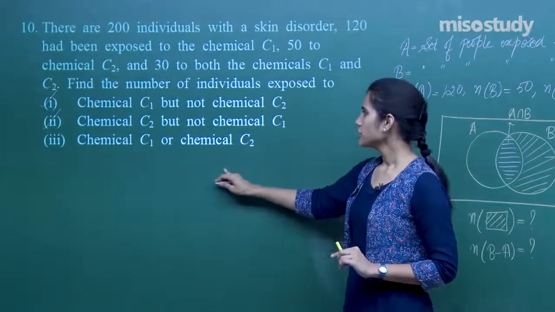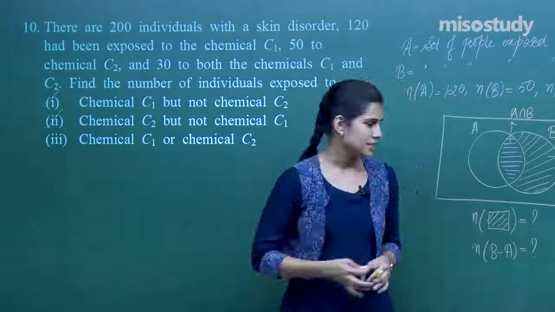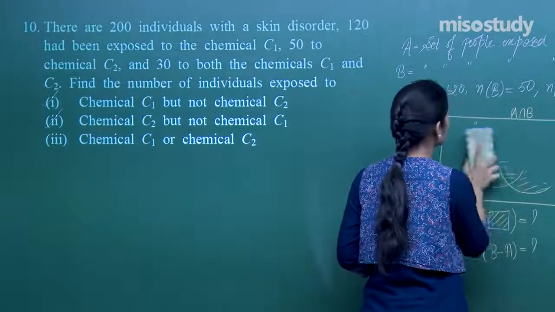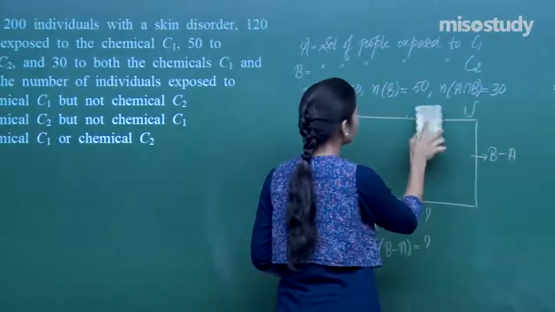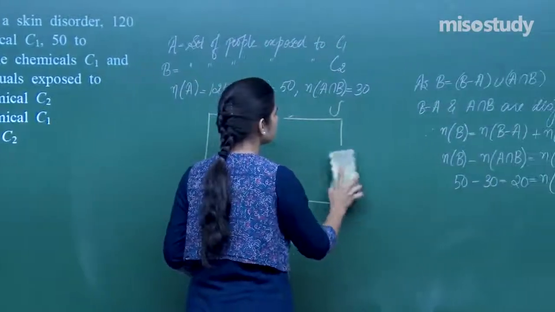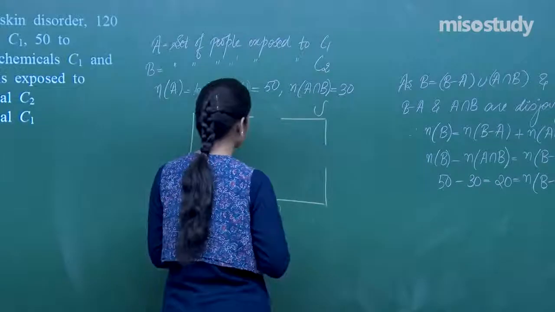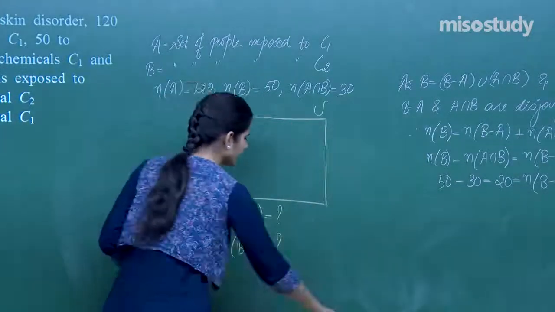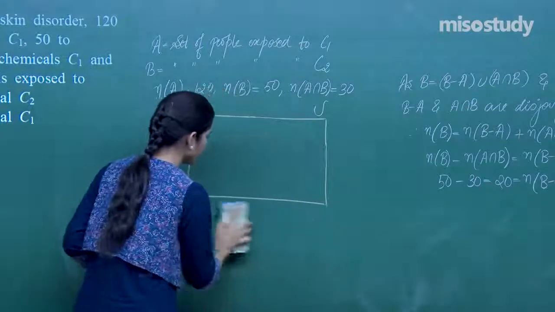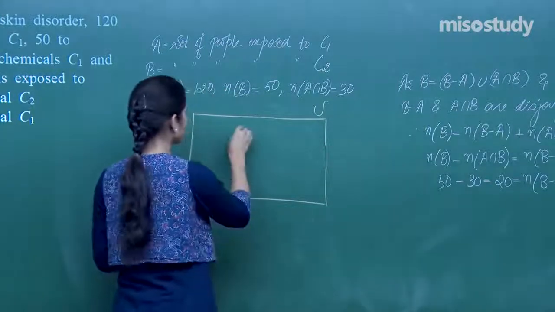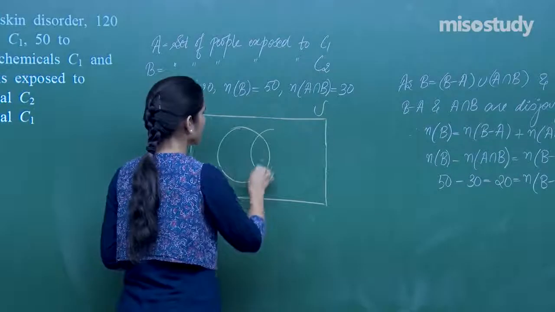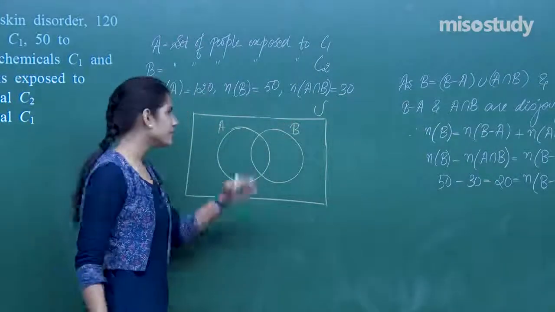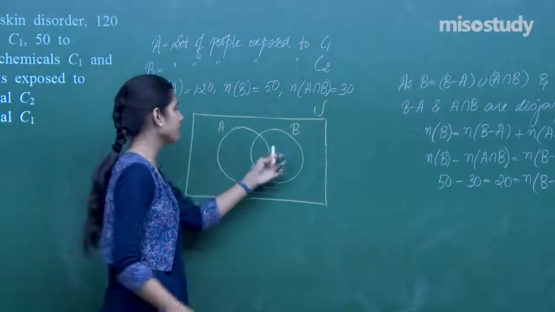Find out the number of members which are exposed to chemical C1 or chemical C2. That means if I need to find this out now, number of members which are exposed to chemical C1 or chemical C2, basically the question is to find out the number of members which are in at least one of set A or set B. That means if that's my set A and that's my set B, I am being asked either they should be exposed to chemical C1 or chemical C2.